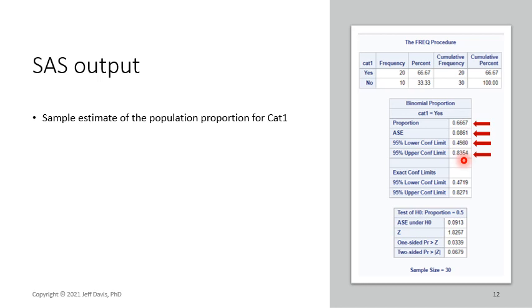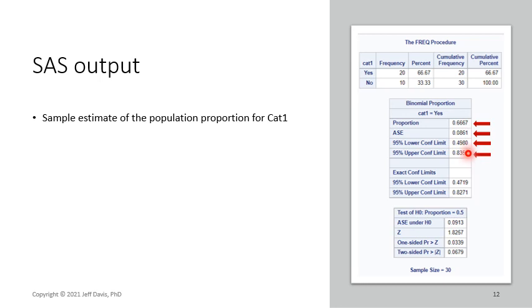But because we're running a simulation, we know that the true population parameter in this simulation is 0.4994, something like that.